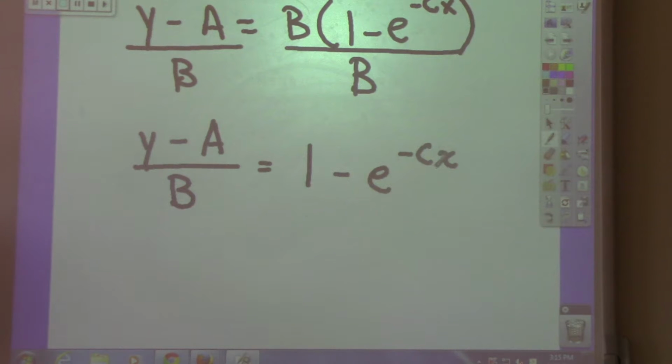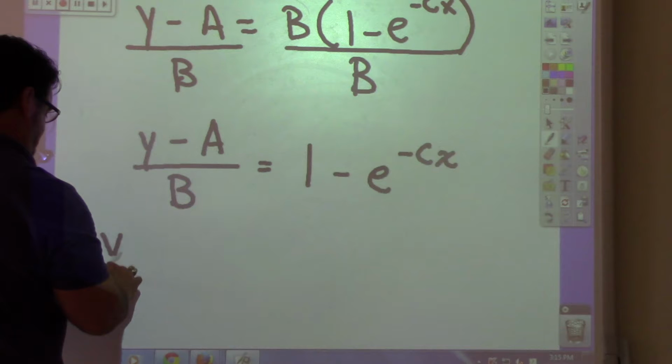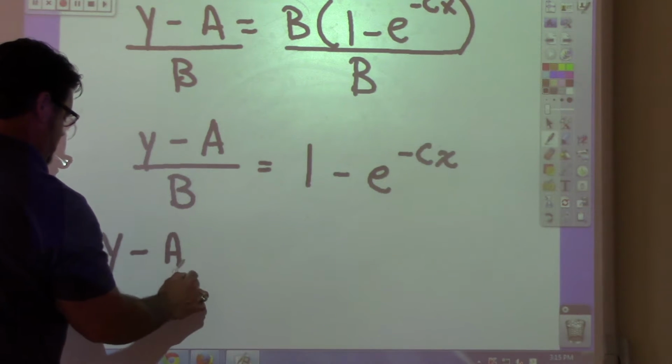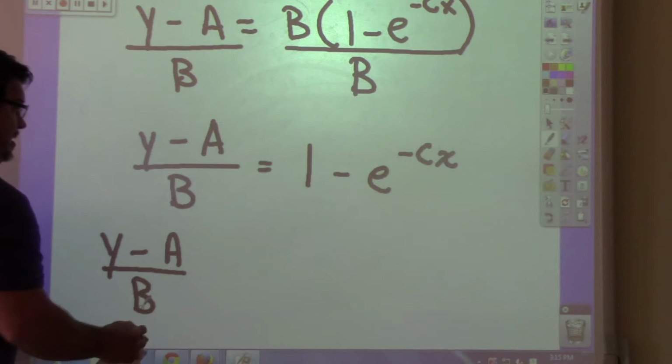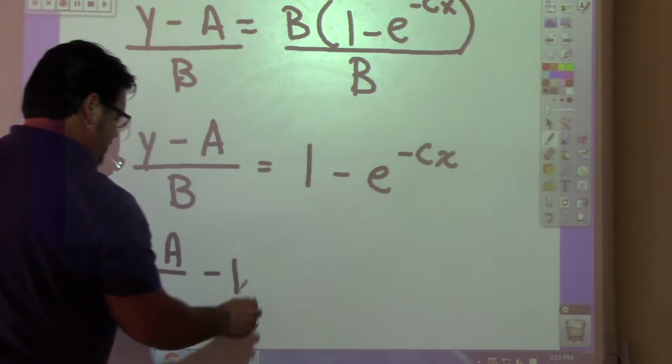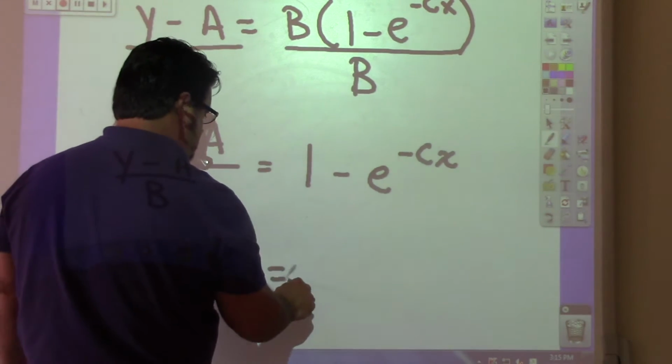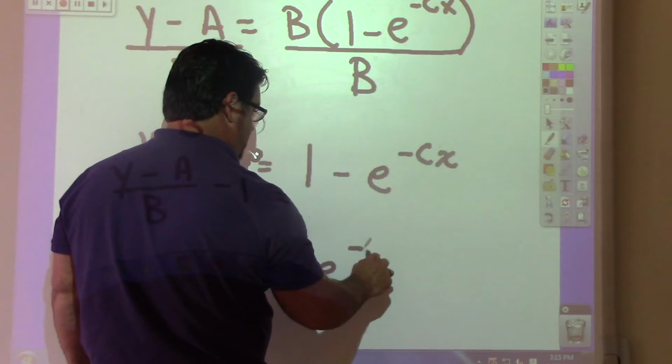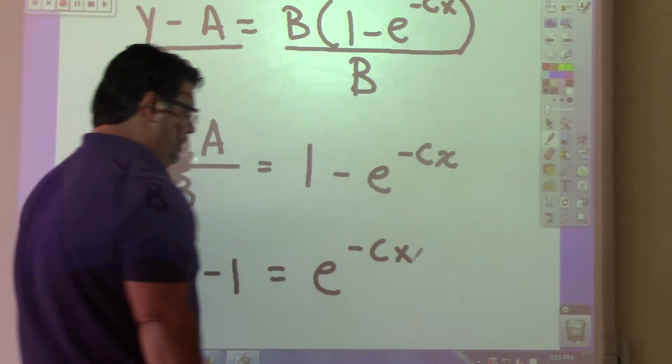And now I'm going to bring the 1 over. So that's going to give me y minus A over B minus 1 is equal to e to the negative Cx power.